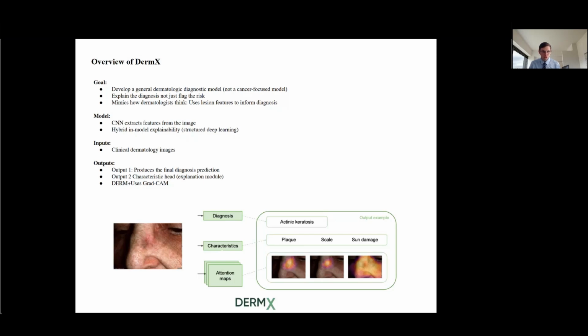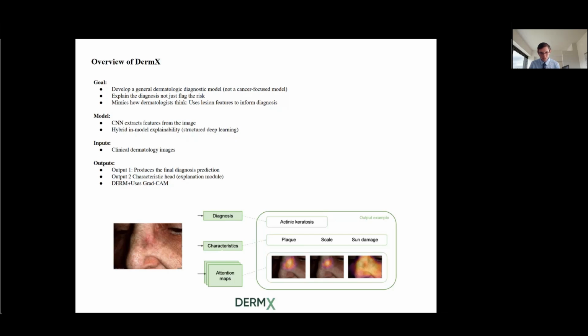The input for this specific model, DermX, is the image itself. On the bottom left-hand side, you can see an example of a patient who has taken a picture of a specific skin lesion on their nose. The input is just the image itself. On the right-hand side, you can see examples of the output, and there are three different outputs. The first is that it predicts the diagnosis, and on the top you can see it predicts actinic keratosis.